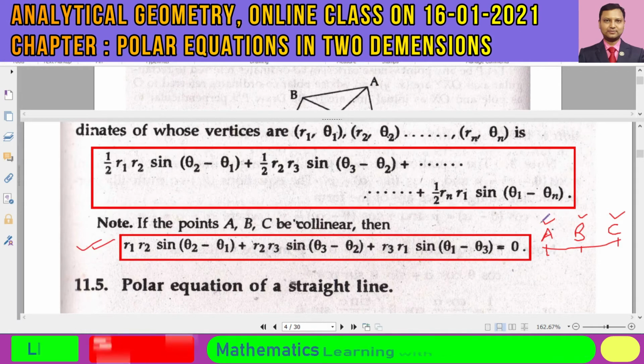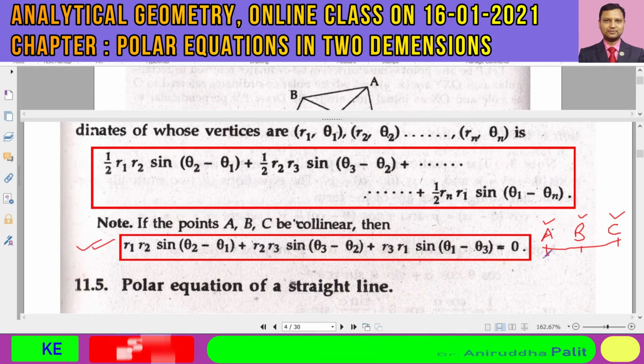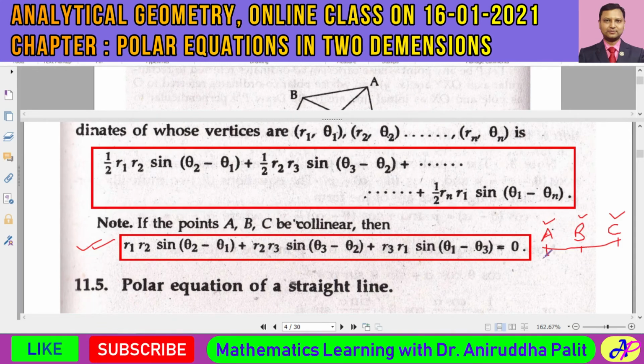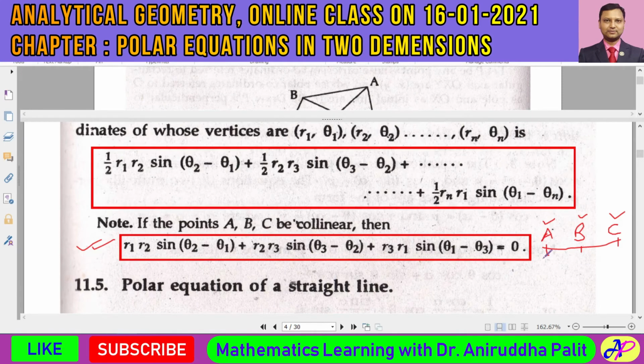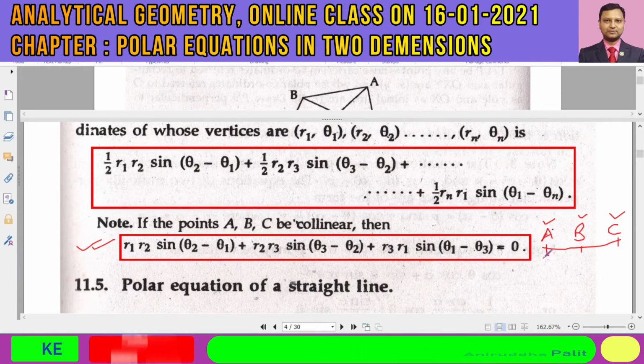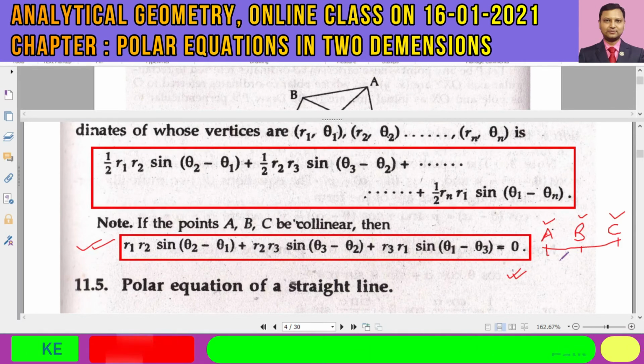This is the condition under which these 3 points A, B, and C with polar coordinates r1 theta 1, r2 theta 2, and r3 theta 3 would be collinear. Got it? So under this condition, these 3 points become collinear. This is the condition of collinearity.